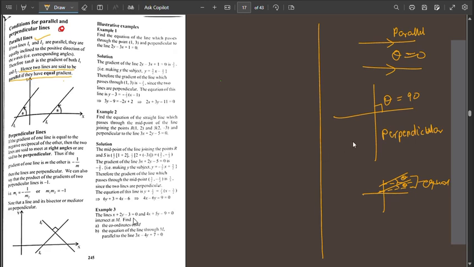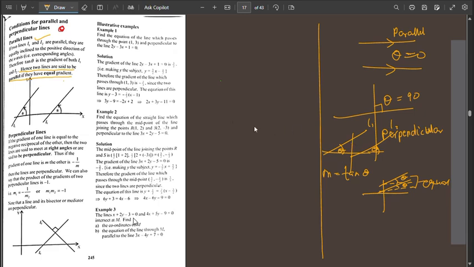So if these lines are parallel, then if I draw this one and this one, the angle here and the angle here will be the same. That's what they are saying there. And we know the formula for gradient is tan theta. If theta is the same for both lines L1 and L2, then both L1 and L2 will have the same gradient.